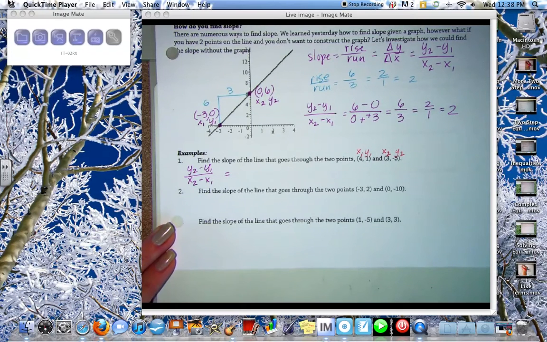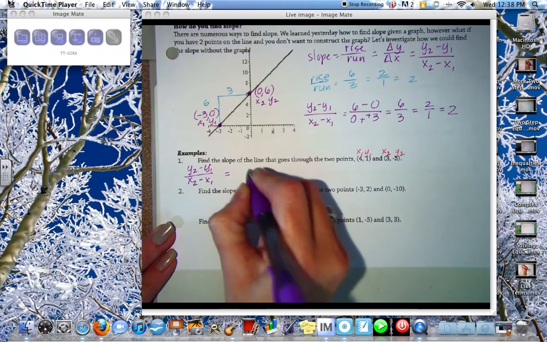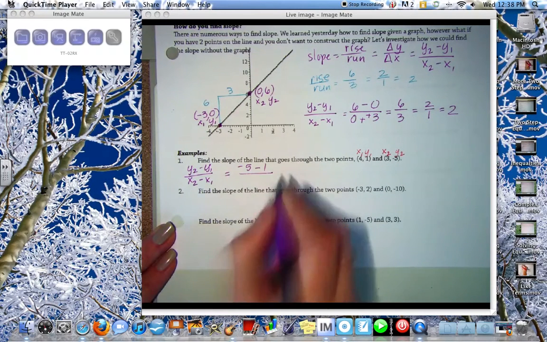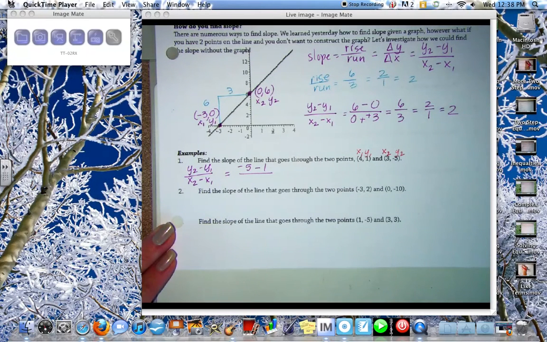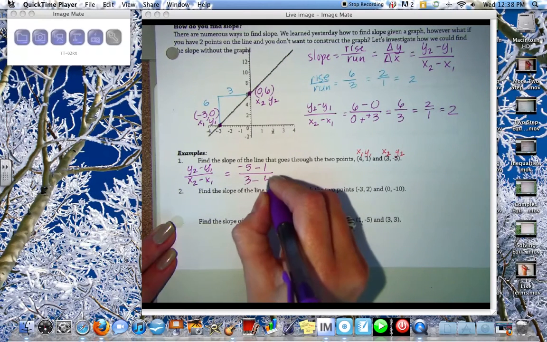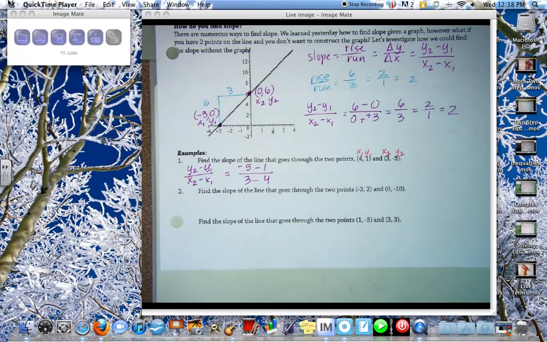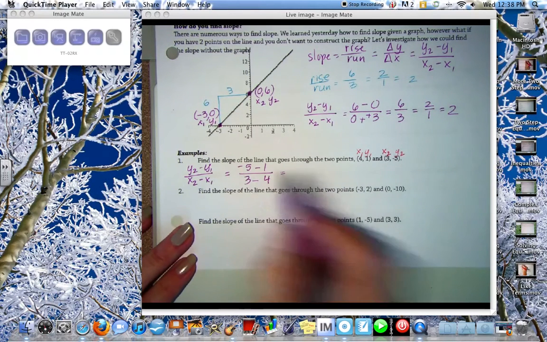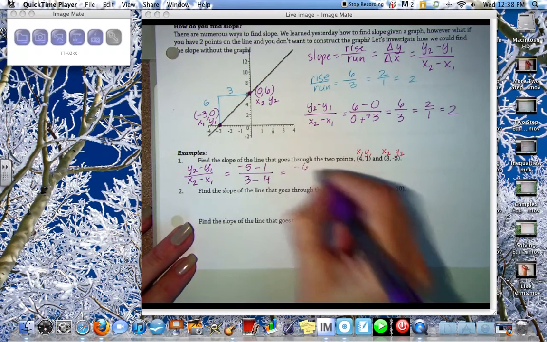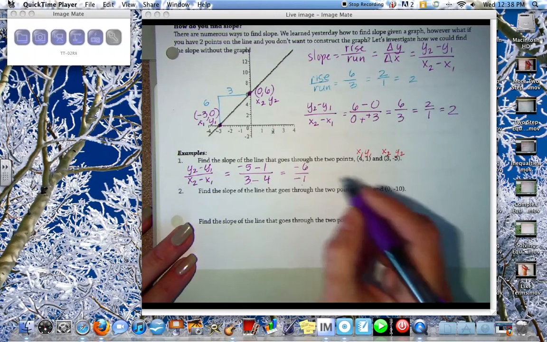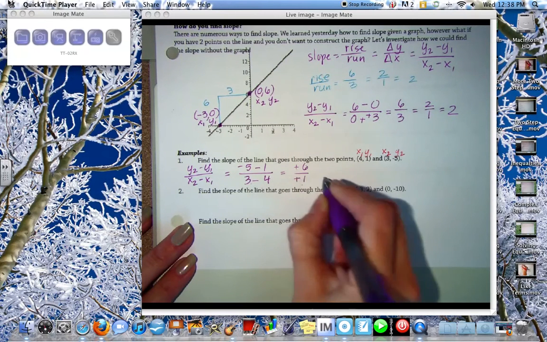Our y2 value is what? Negative 5. And I subtract the y1 value, which is 1. Draw the fraction line. The x2 value is 3 minus 4. And now I simplify it. Negative 5 minus 1 is negative 6. 3 minus 4 is negative 1. I have a negative over a negative, which gives me positive, and this just gives me 6.